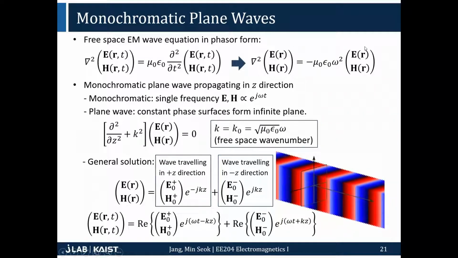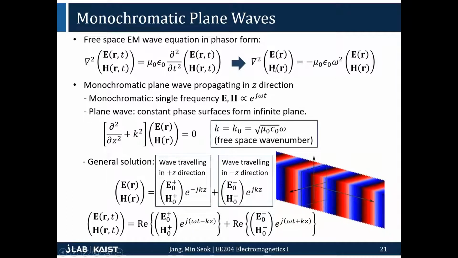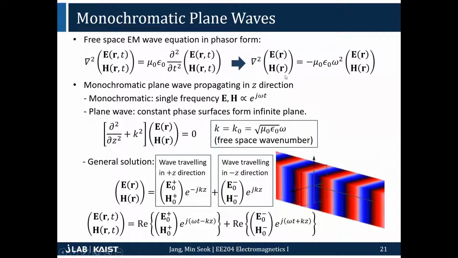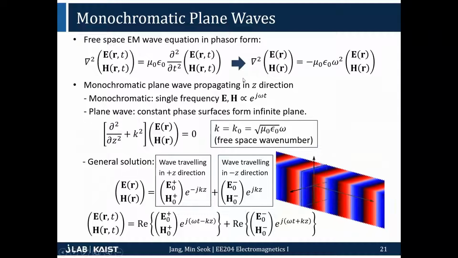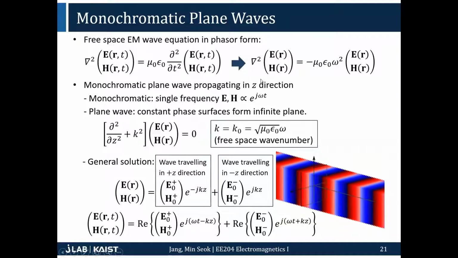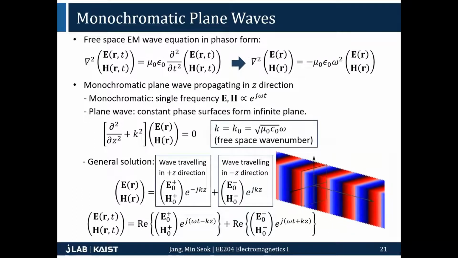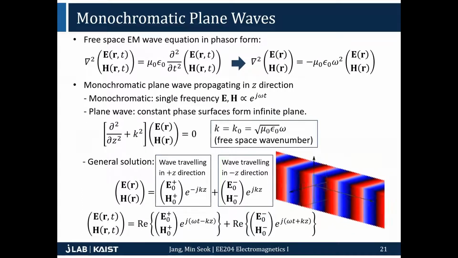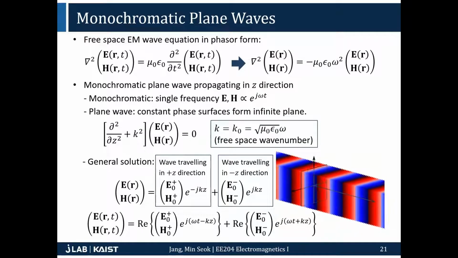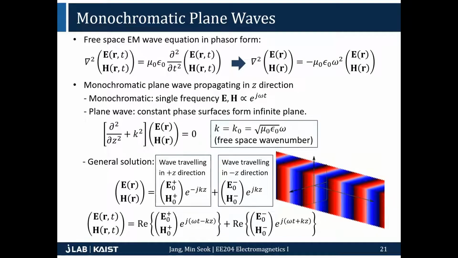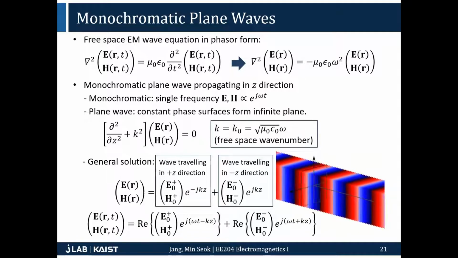So this equation is very simple, only space dependent and very easy to solve. Even so, there can be many solutions, like spherical waves and cylindrical waves, and there are many ways to solve these equations. But in our lecture, we are only interested in plane waves.